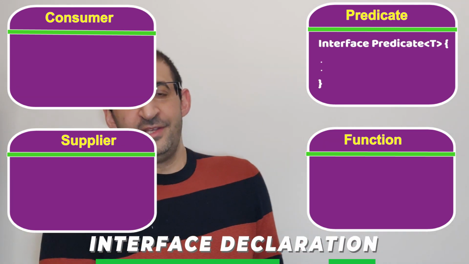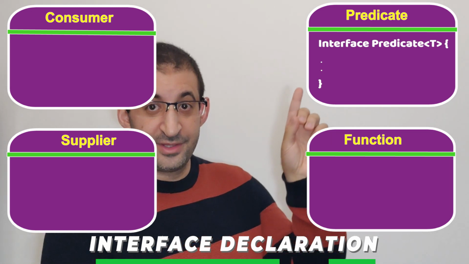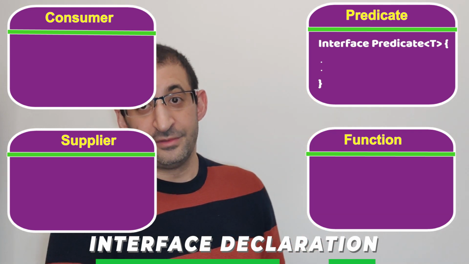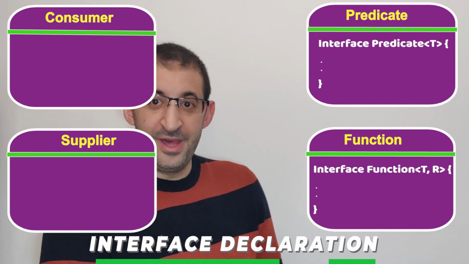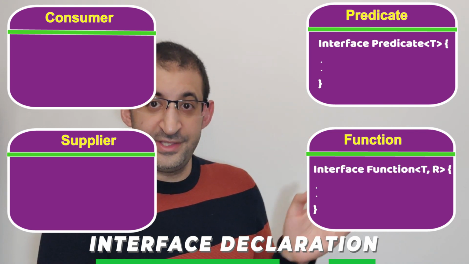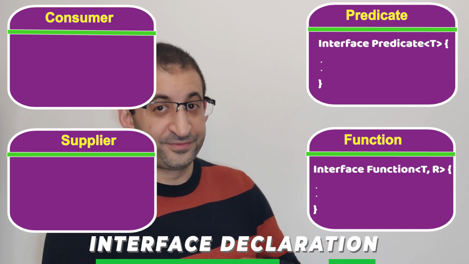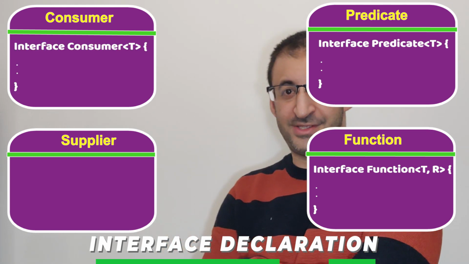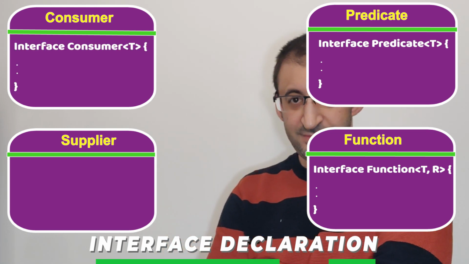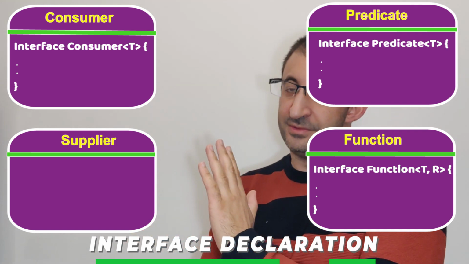For Predicate, we have this interface prototype: interface Predicate with T as the input type. For Function, we have interface Function with T as the input type and R for the return type. The Consumer interface is like this: interface Consumer with T input type.